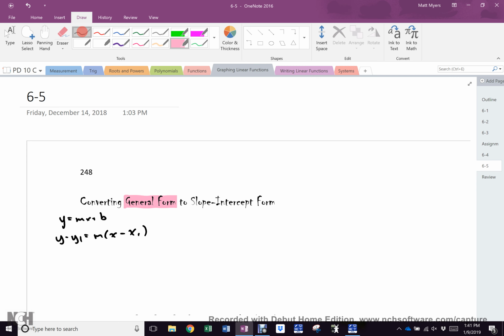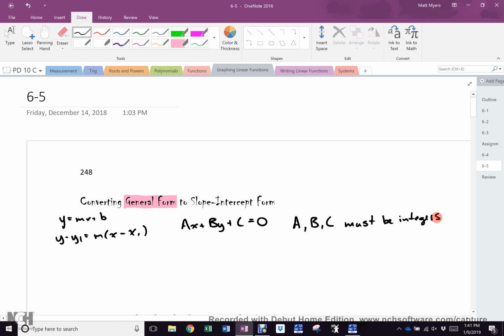And it looks like this: Ax + By + C = 0. It doesn't tell us anything, but it has some rules. The rules are as follows. A, B, and C must be integers.